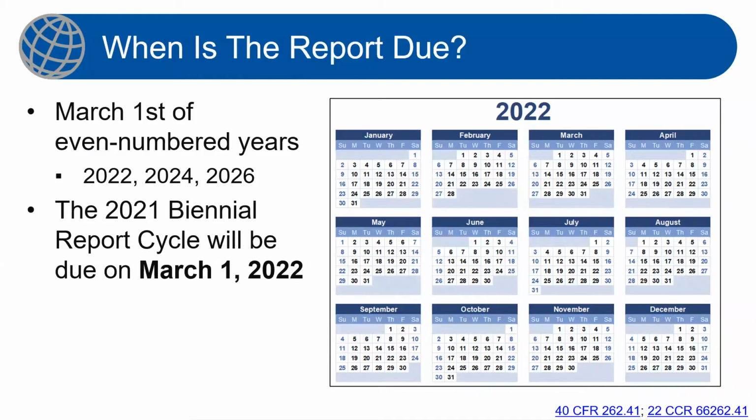So in regards to the biennial reporting process, first we have to determine, are we subject to biennial reporting this year? Would we be considered to be a RCRA large quantity generator? If so, then we have to prepare that biennial report and identify each and every one of our waste streams that are federally regulated.